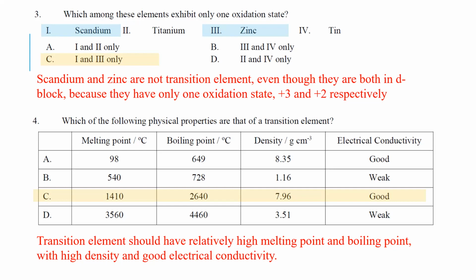And then D is usually carbon, as in diamond, because it has too high a melting point as it is a giant covalent structure. So that is what A, B, and D are each trying to explain, but C describes the properties possessed by the transition elements.